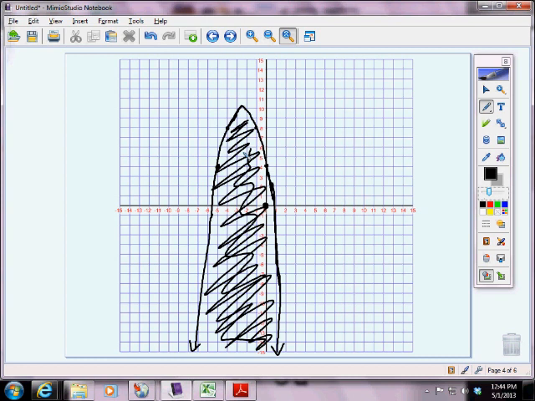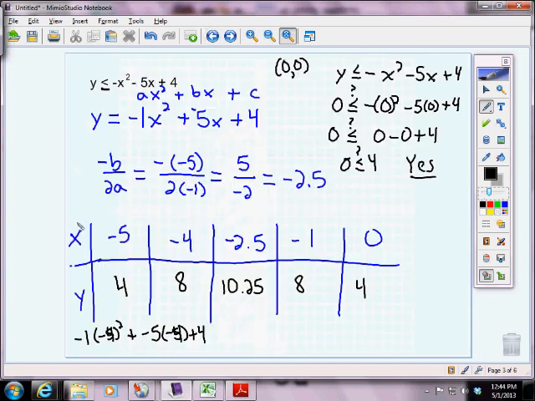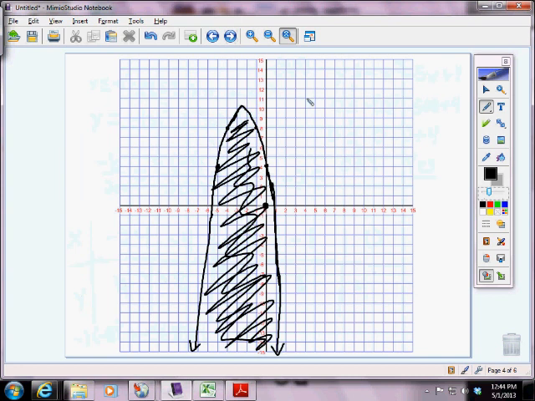You graph it, you decide whether it's a solid or a dashed line, and then you shade either one side or the other. In this case, you shade either inside the parabola or outside the parabola. Okay, so don't forget your rules of how we graph quadratics, and then test a point, hopefully 0, 0 unless it's on the graph, and either shade inside the parabola or outside the parabola.